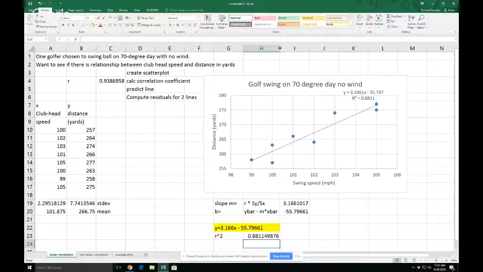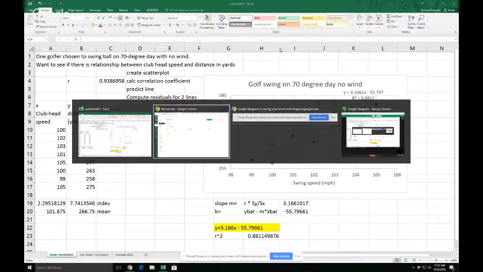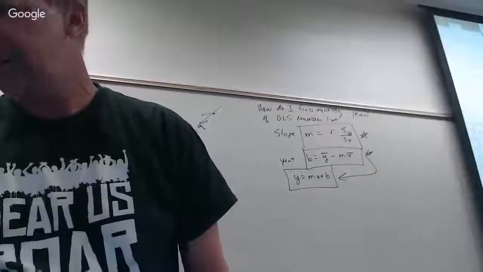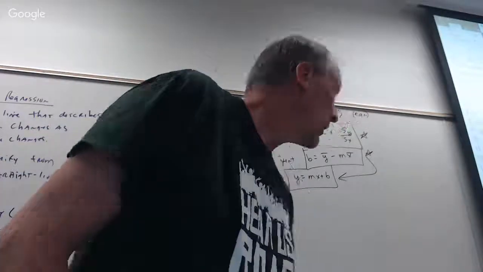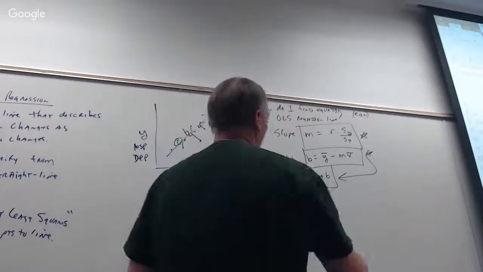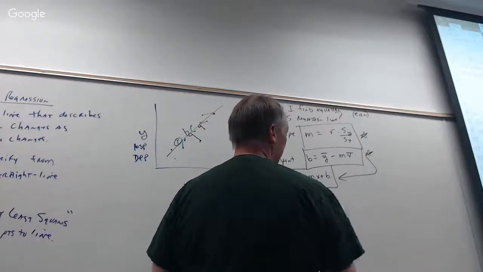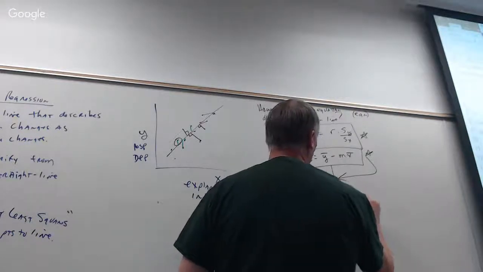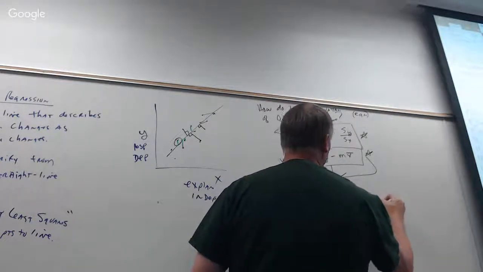That's a great question. Let's talk about what that means. The correlation squared, the R squared. Let me stop sharing for a moment. Let's go back to the video here. R squared sometimes is called the coefficient of variation.